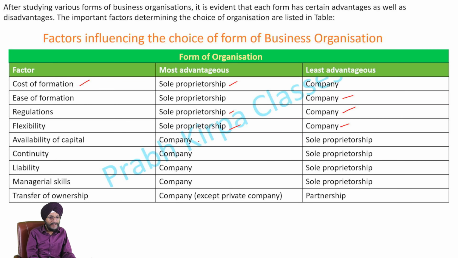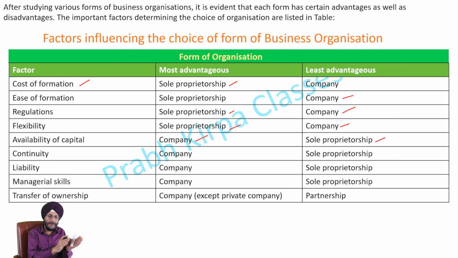Availability of capital is enormous in the case of a company because it can approach the public by way of IPO. But in the case of sole proprietorship, even the banks may not grant any loan to the sole proprietor. So the availability of capital to the sole proprietor is limited.